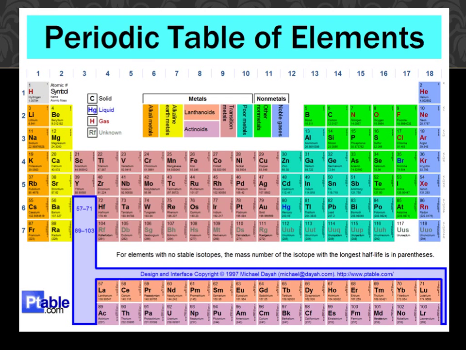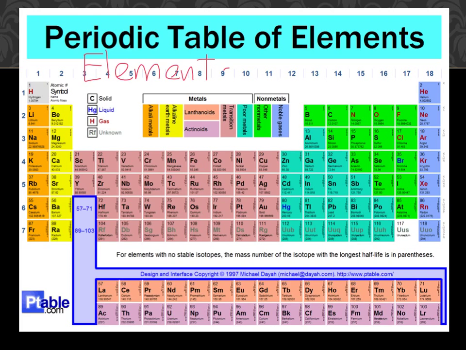Here we have the periodic table of elements. Basically, every element that has been discovered is on this table. If it's not on this table, it's not an element. An element is a unique piece of matter, and all of its atoms are very similar.